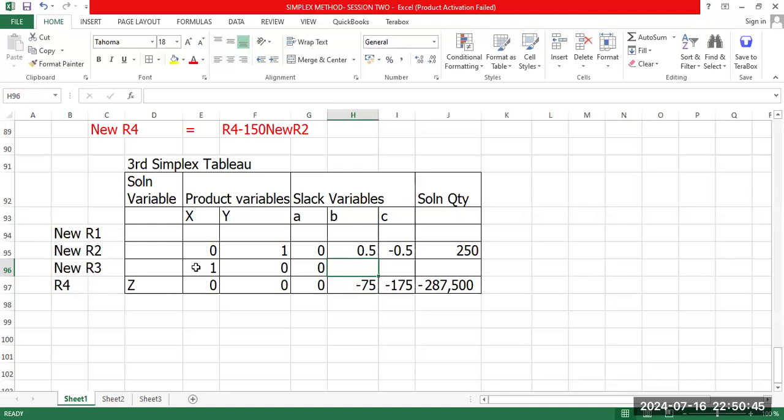Negative 0.25. Then next, negative 0.75. Positive, not negative. 0.75. Then last, 375.